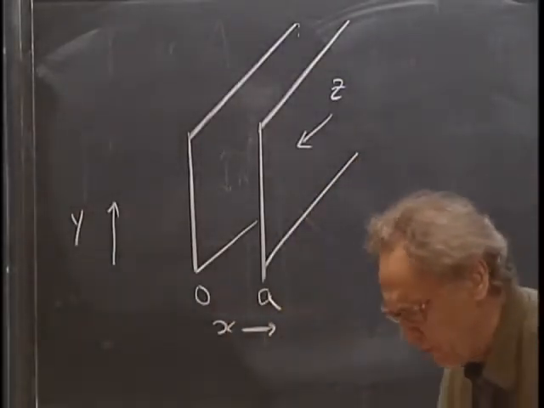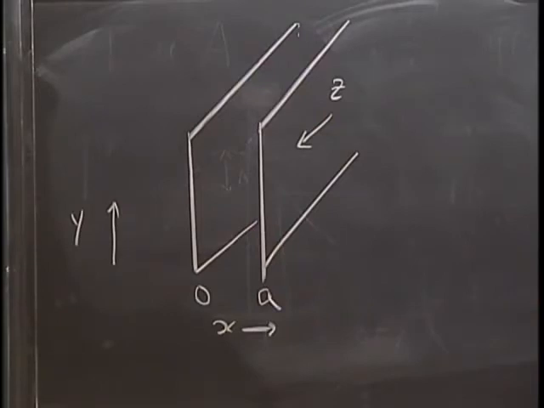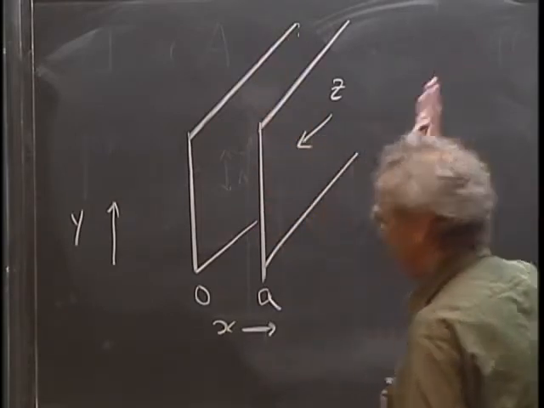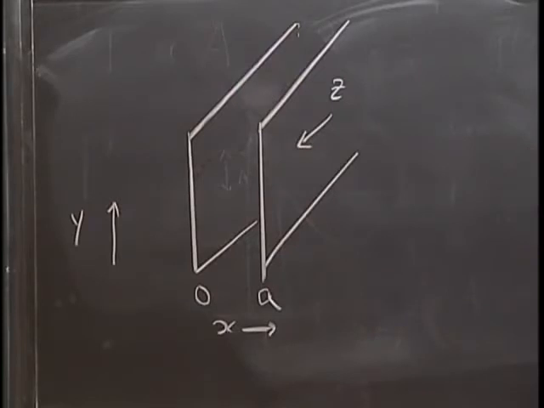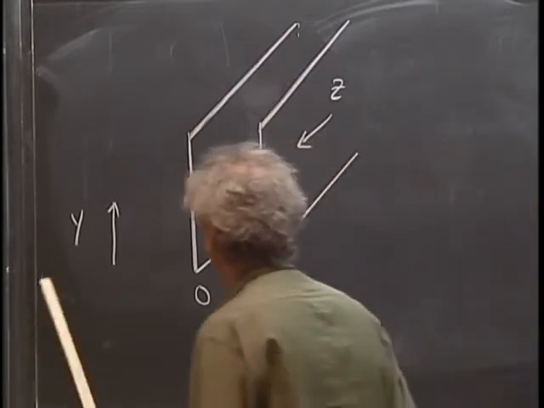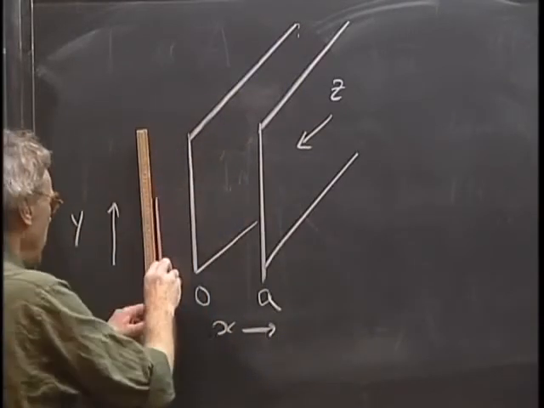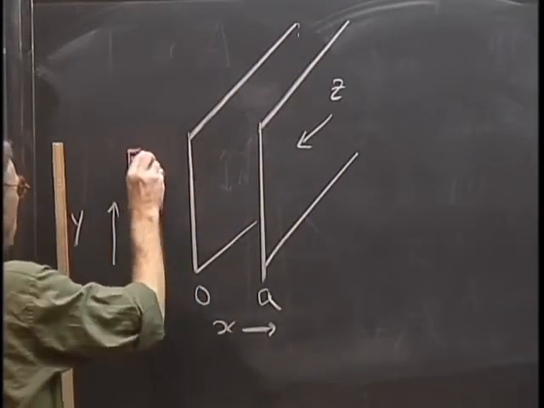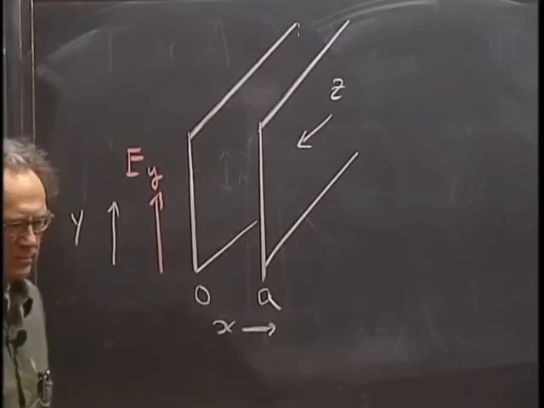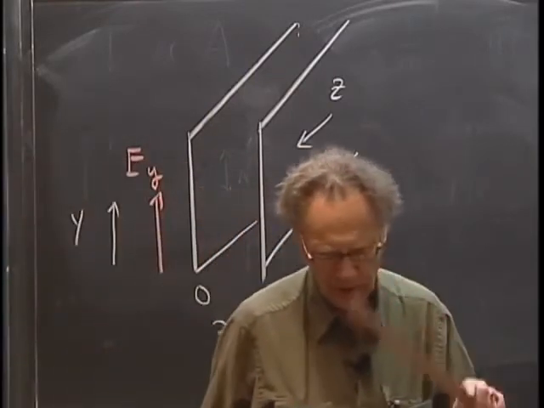And I want to propagate through these plates, which are infinitely large in the y direction, infinitely large in the z direction, at least very much larger than the wavelengths. I want to propagate electromagnetic radiation, which is linearly polarized only in the y direction. So that is what I want to do, and that's what I demonstrated also.